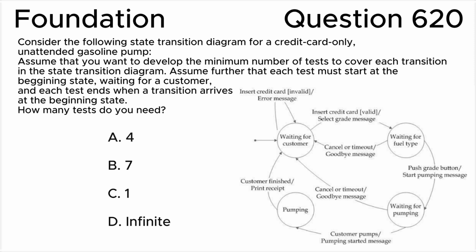Assume further that each test must start at the beginning state, waiting for a customer, and each test ends when a transition arrives at the beginning state. How many tests do you need?